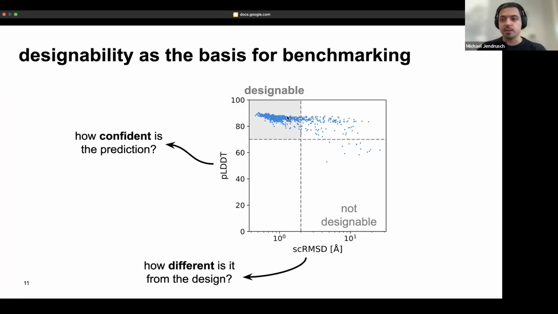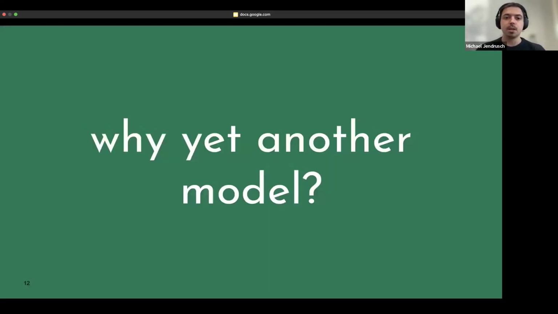And this is the basis of figuring out, in a vacuum without experimental confirmation, how good different protein structure generators are compared to each other, by comparing the percentage of designs that fall in this designable region.